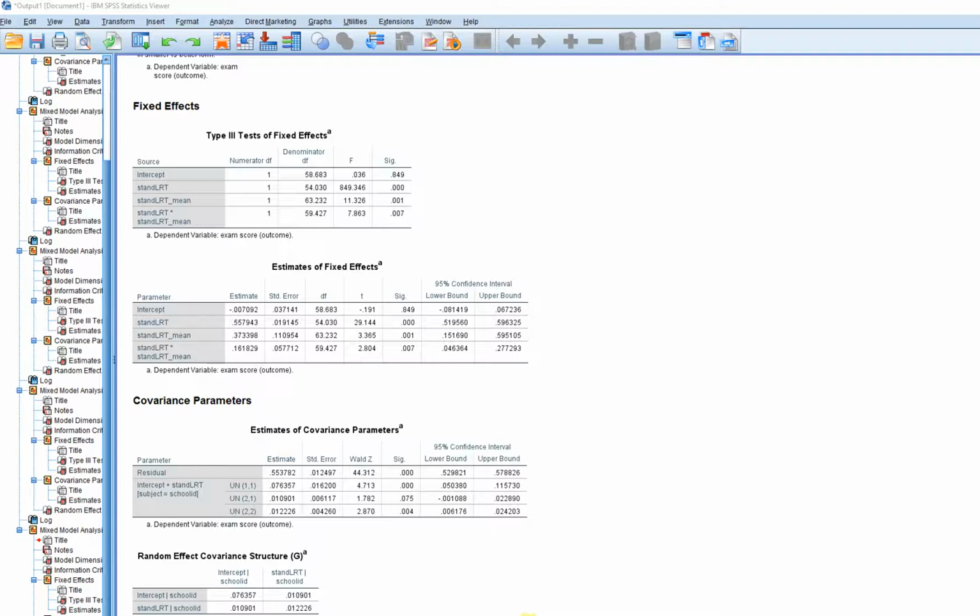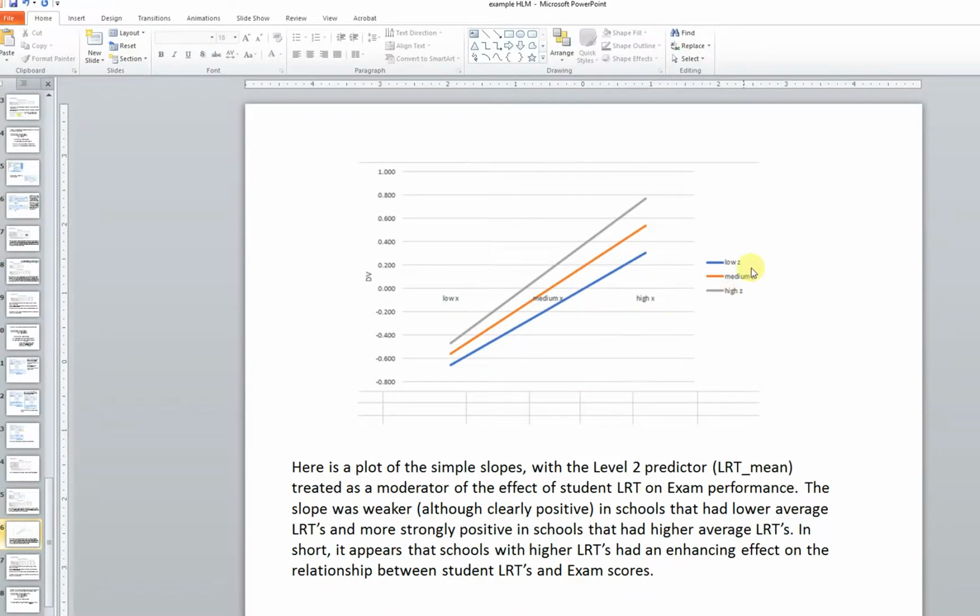I often like to get a visual on this, and so this is a visual of the simple slopes, where we have this broken out into schools that have low average, medium, and high average London reading test scores.